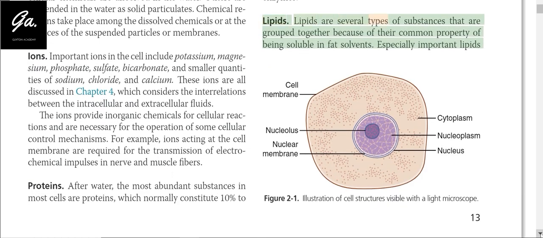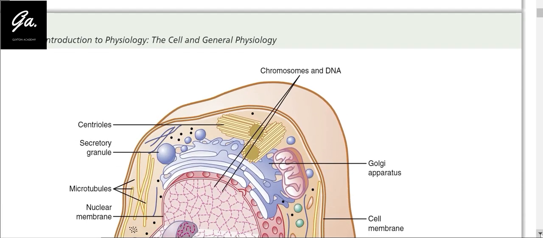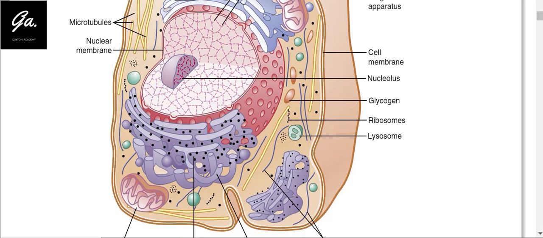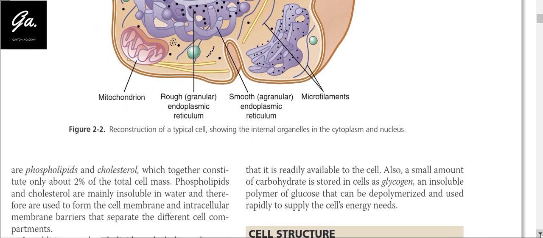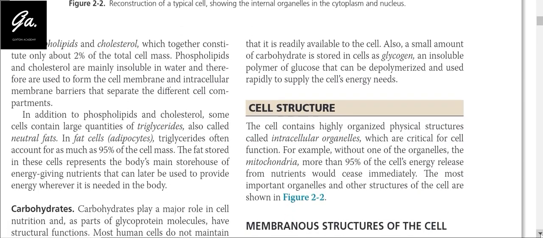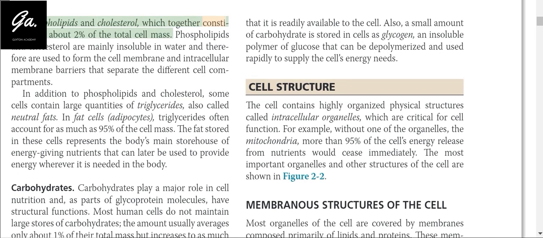Lipids. Lipids are several types of substances that are grouped together because of their common property of being soluble in fat solvents. Especially important lipids are phospholipids and cholesterol, which together constitute only about 2% of the total cell mass.